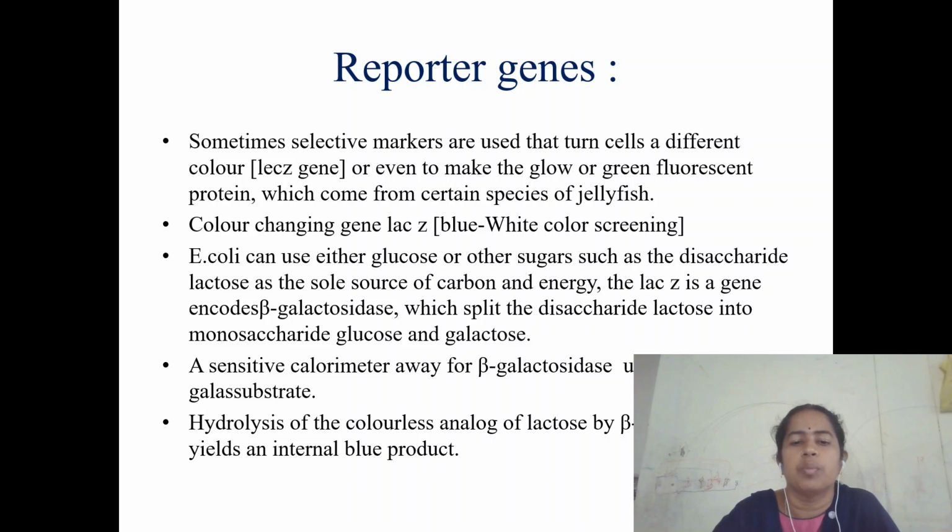Then a sensitive colorimeter can be used to select the organisms that have the color. Hydrolysis of the colorless analog of lactose by beta galactosidase yields an intense blue product.